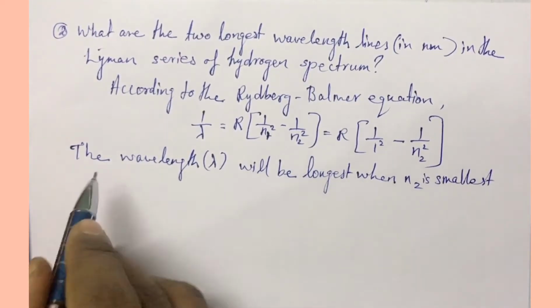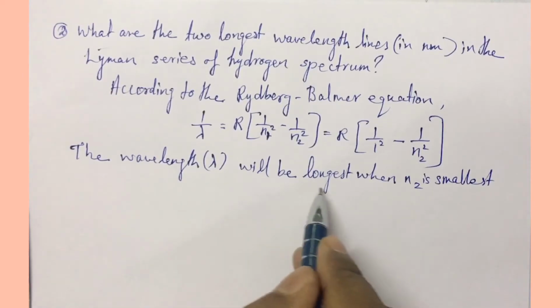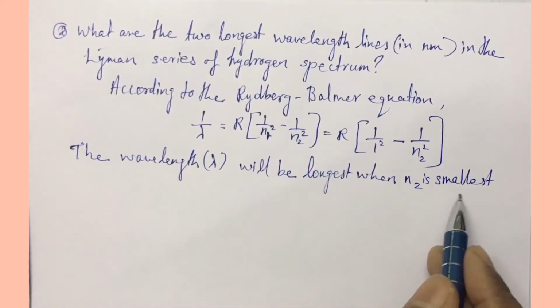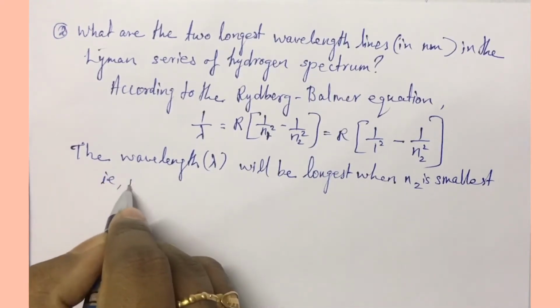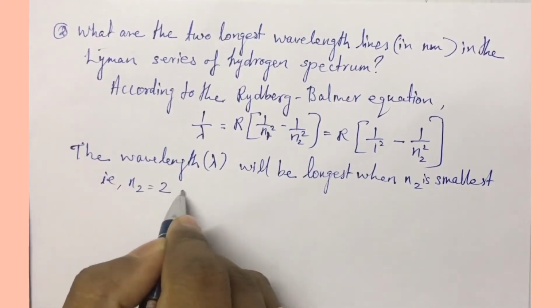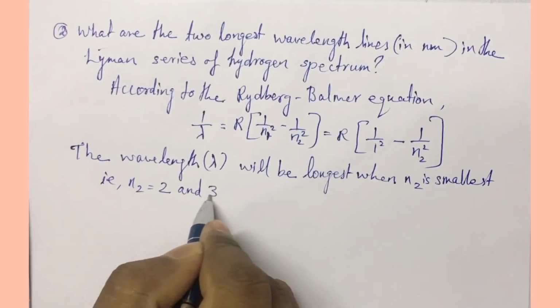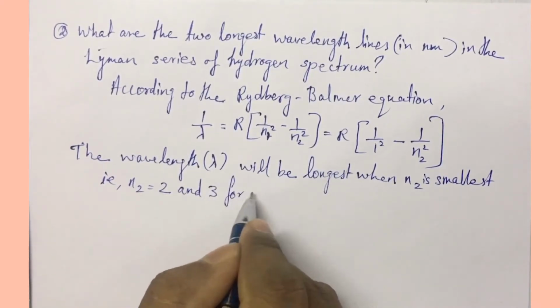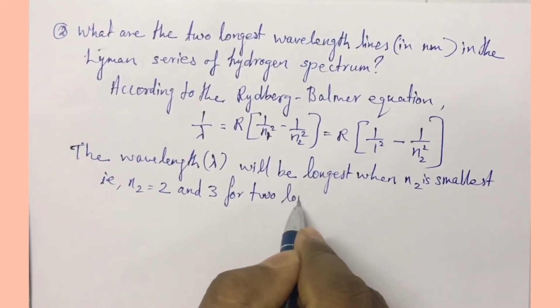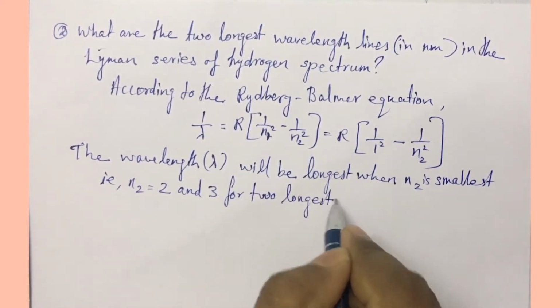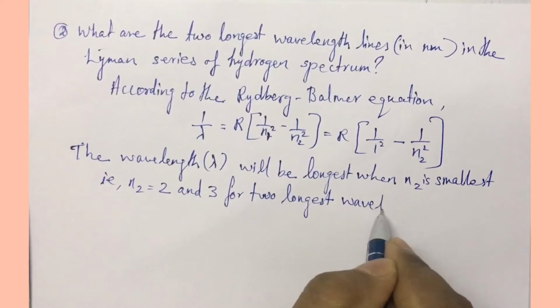We have to remember the wavelength lambda will be longest when n2 is smallest. That is, n2 is equal to 2 and 3 for the two longest wavelength lines.